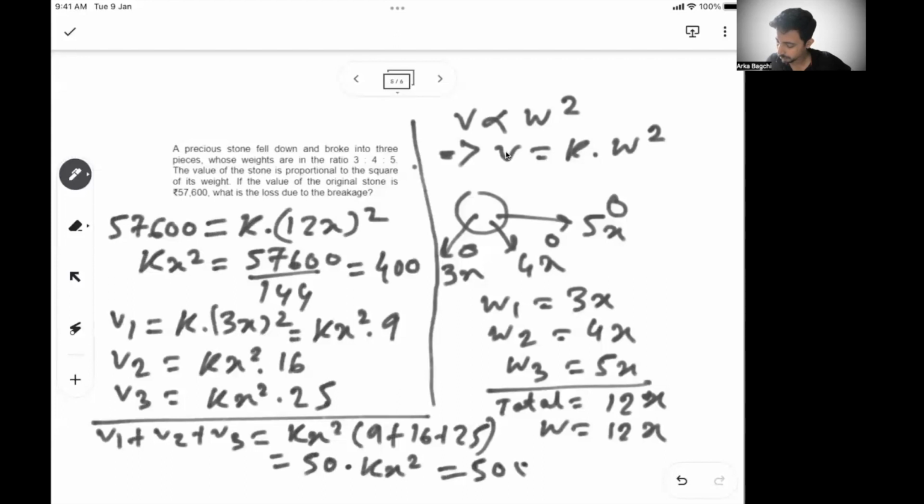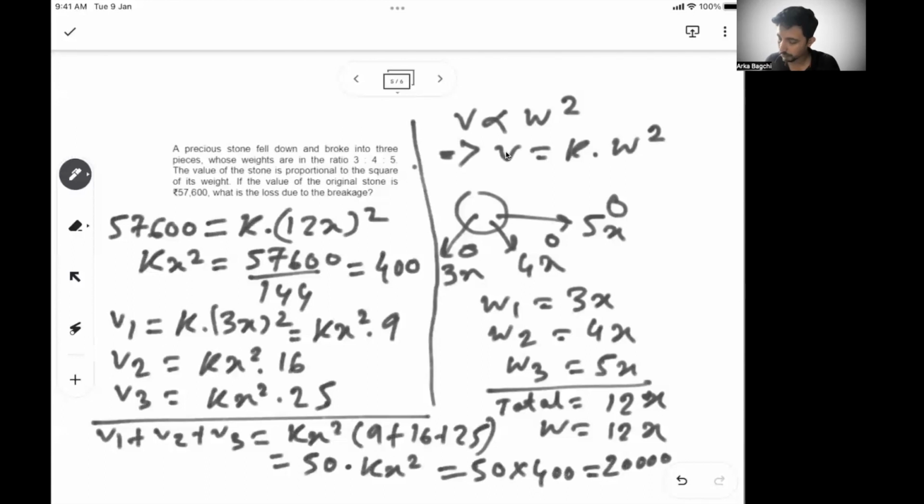So 50 into 400. So that is becoming 20,000.